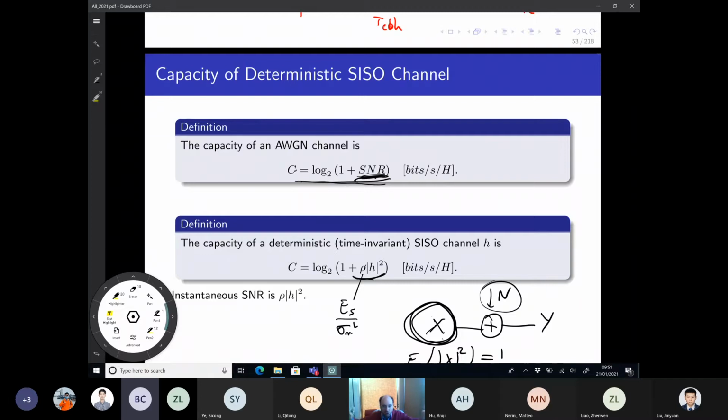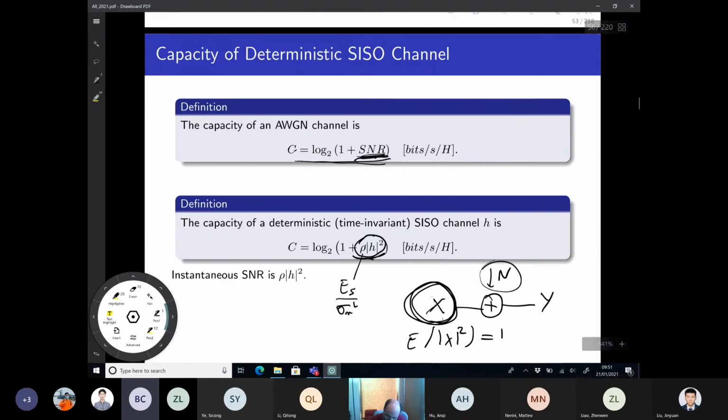Because the channel is constant over time here, you have only one realization of the channel for a very long period of time. You can simply look at what is the SNR that you have here, and then from there choose the right coding rate and modulation in order to come as close as possible to this capacity. That's what you would do in practice.